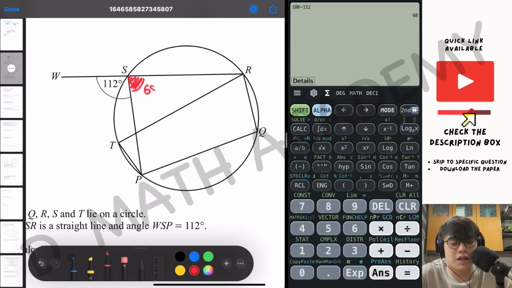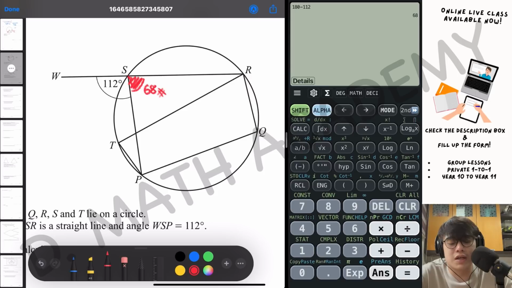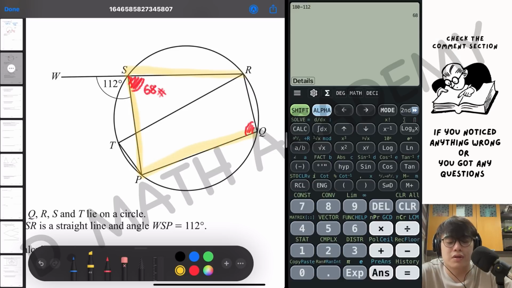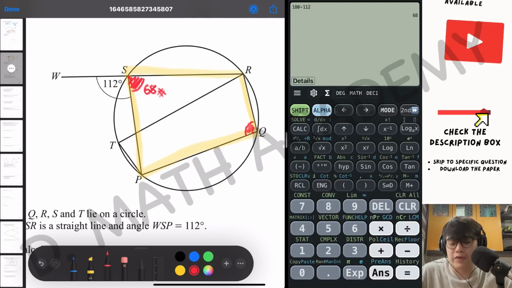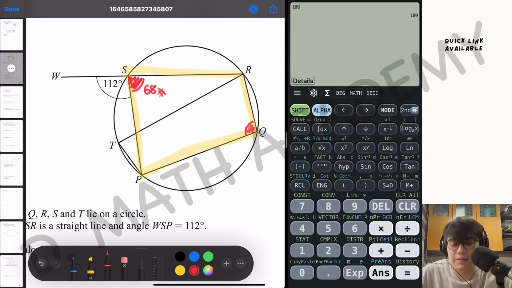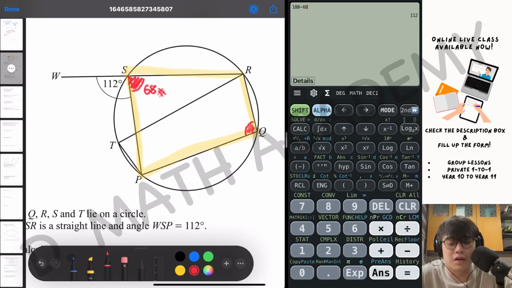You get 68 here. This 68 and the opposite side, because I'm dealing with this big quadrilateral that touches all four corners, when they add up with each other, it becomes 180. So you take 180 minus 68, you get 112 again here.